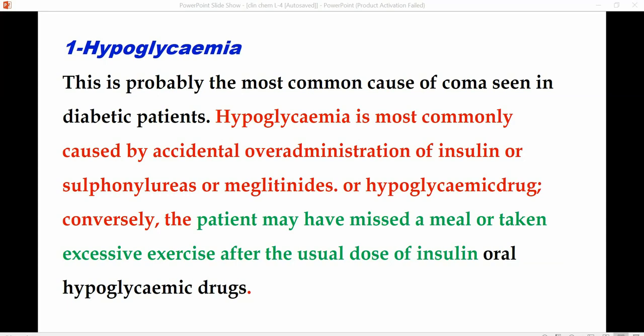The patient in this condition has taken his medication and missed the meal, or had excessive exercise after the usual dose of insulin or other oral hypoglycemic agent.